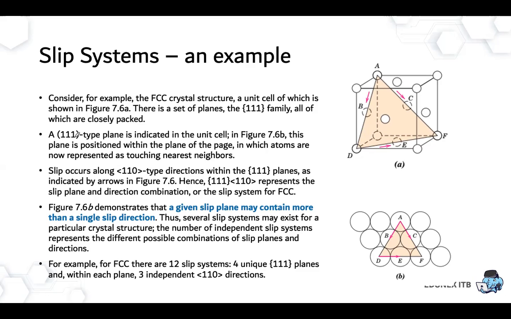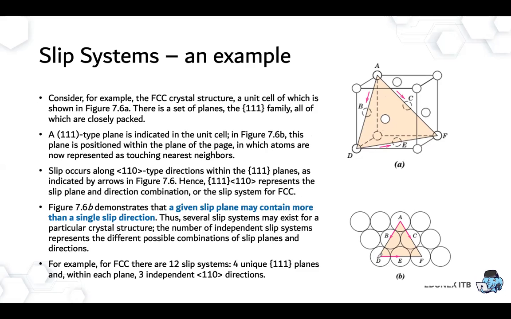So a 111 type plane is indicated in the unit cell, for example in this figure, and the plane is positioned on the page with the atoms now touching their nearest neighbors. Because all the atoms are touching the nearest neighbor, it's going to be easy for them to do the dislocation, to do the plastic deformation.